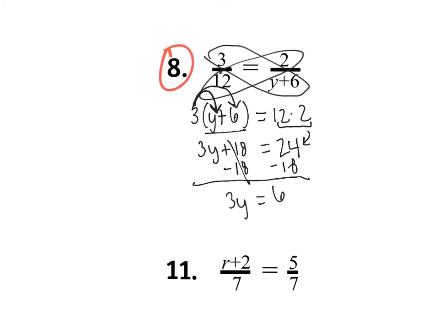So then I want y by itself, which means I'm going to divide by 3, and I get y equals 2. So you're just cross multiplying and then solving your equation. But remember, the whole point is that we're getting a common denominator. So be careful with the things that are more than just a y. If it's 2 terms, you're going to have to distribute.